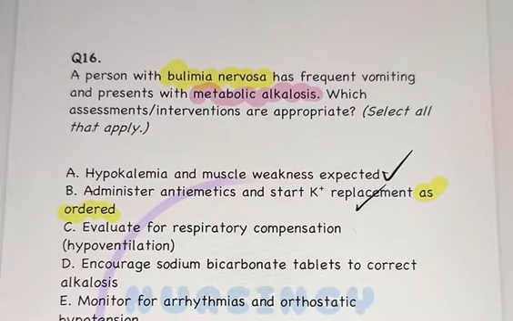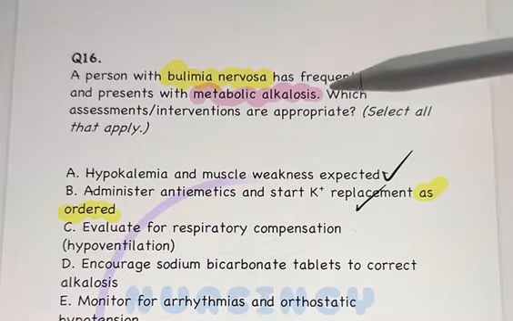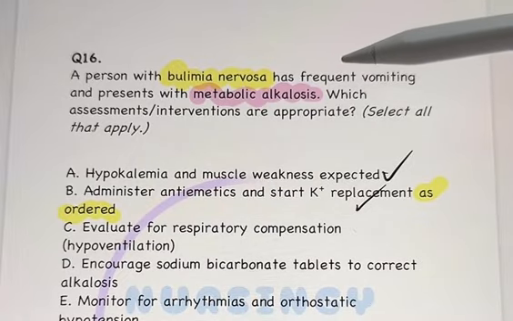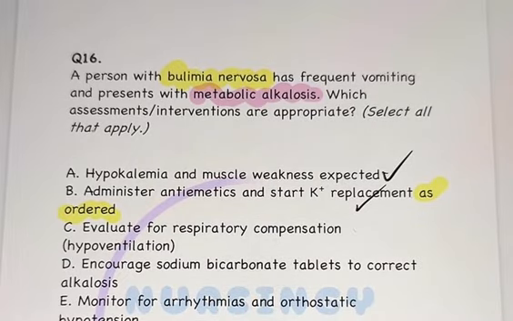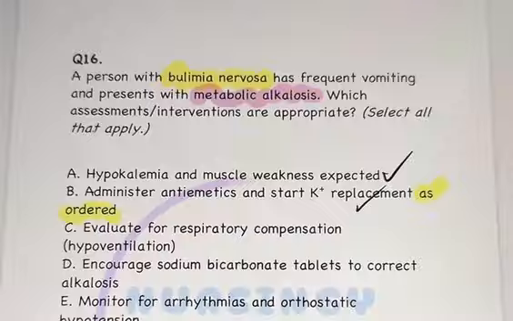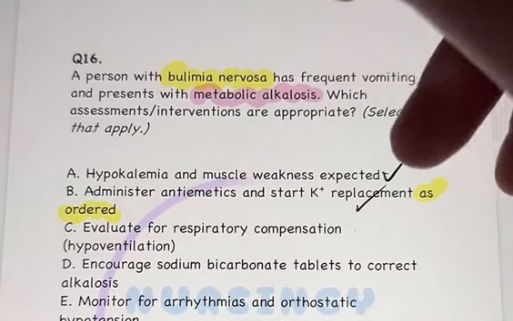What about C? Evaluate for respiratory compensation, hypoventilation. What's gonna happen? Because patient is having metabolic alkalosis, the body is trying to compensate. Is C correct? Yeah, actually, C is correct, guys, because this is evaluation.